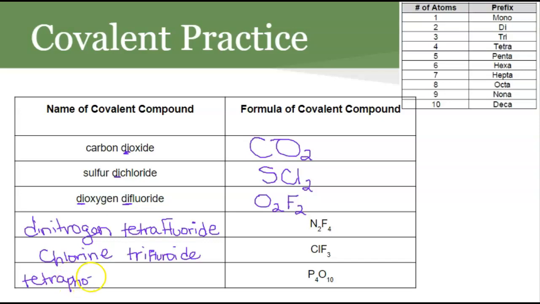Tetraphosphorus, and then I have 10, so 10 is deca oxide. Remembering to change the ending to "ide." So these are similar to ionic, but you just have to add on those prefixes to both.